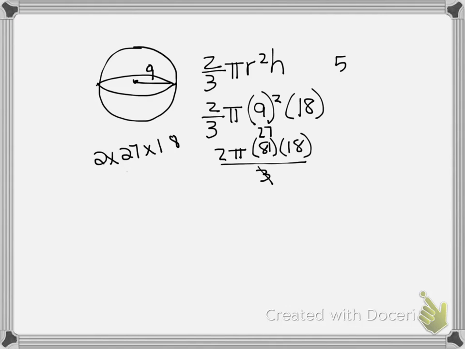I'll use over here 54 times 18. And so that's 32, 43, and then 4 and 5. And we're going to add here. So this would be 972 pi. And that would be a sufficient answer.